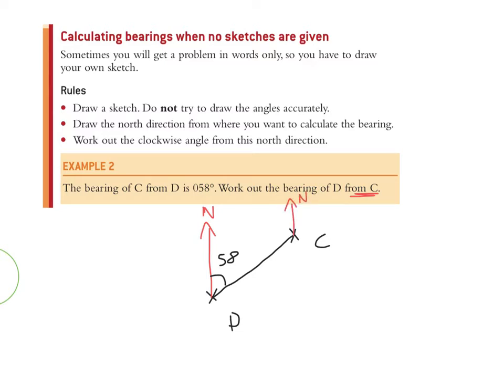So we draw north again, and the bearing of D from C is going to be from north clockwise until you're facing D, which would be that angle there in blue. How will we work that angle out? There are a number of ways to do it, and I'm going to show you one way to begin anyway.